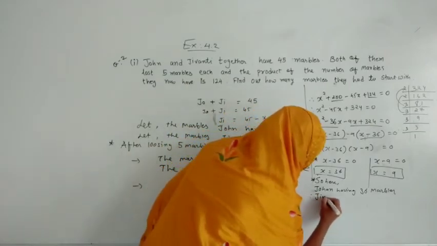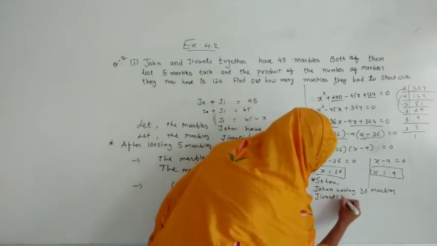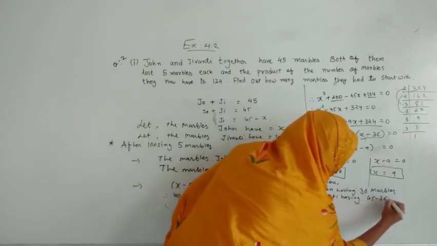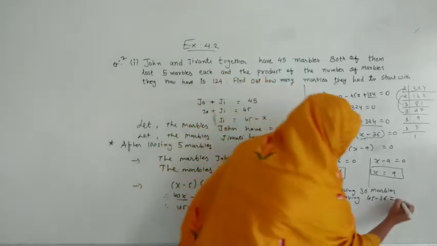Therefore Jivanti has 45 minus 36, which means she has 9 marbles.